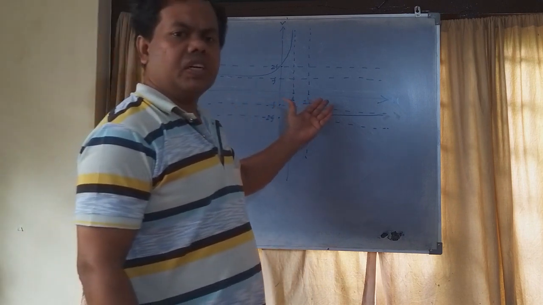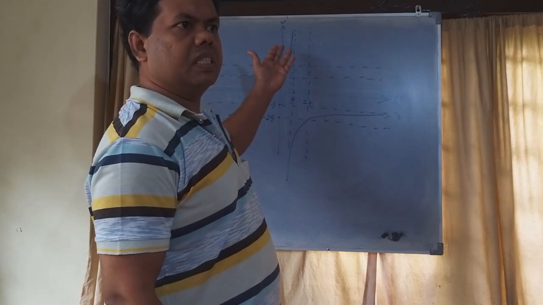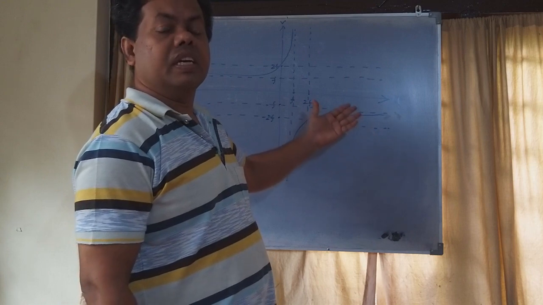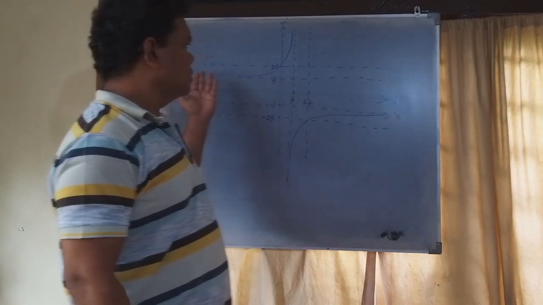This is the variation of image distance against object distance in the case of a convex lens, the graphical representation.